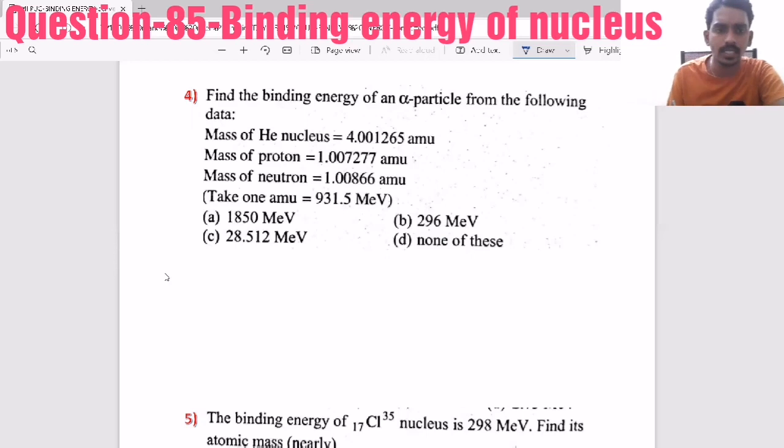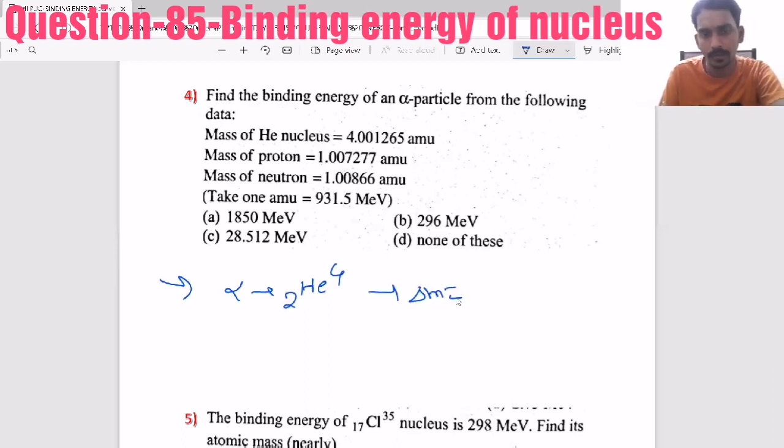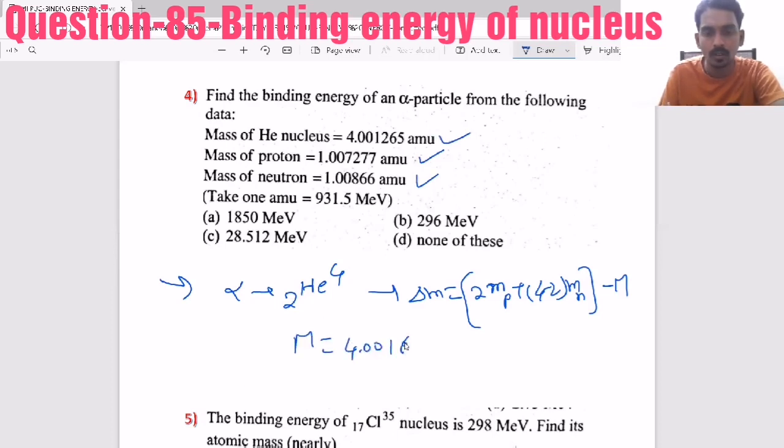Now find the binding energy of an alpha particle from the following data. Alpha particle means 2 helium-4. So that delta M equal to 2 protons are there plus 4 minus 2 neutrons are there minus M. Mp given, Mn given, M is given. So capital M they have given as 4.001265 AMU.